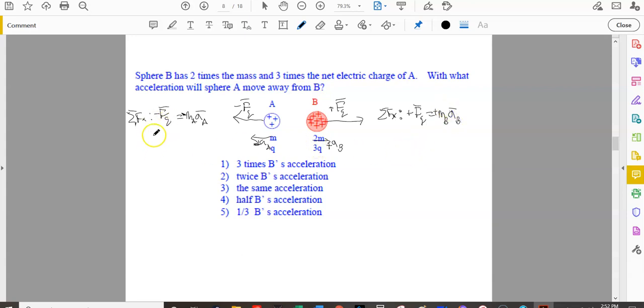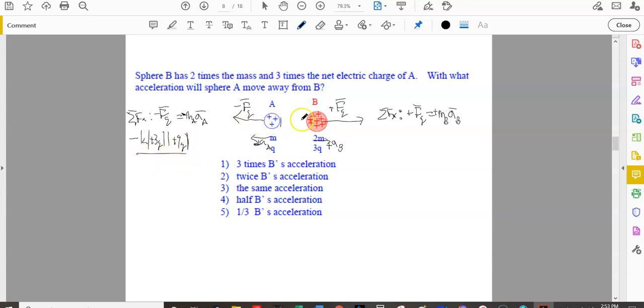Let's do the Coulomb force. That is going to be negative k times positive 3q, our first object, times positive 9q, which is on object B, all over their distance apart.